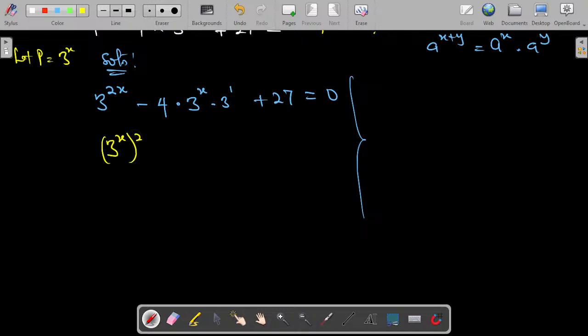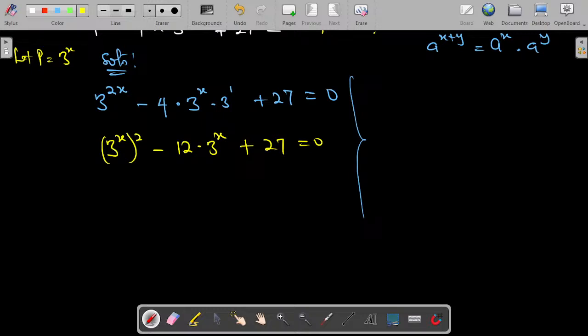If I open up this bracket again, these 2 will still multiply this x and give me back 2x, so I have not changed anything. But why did I do that? So that I can see clearly my 3 to the power of x. And then 4 will multiply this 3, and that will give you 12, multiplying 3 to the power of x. So you leave that one that way, plus 27 is equal to 0.